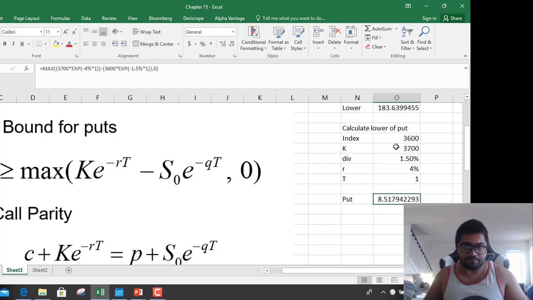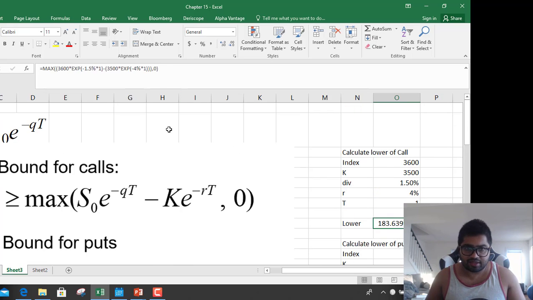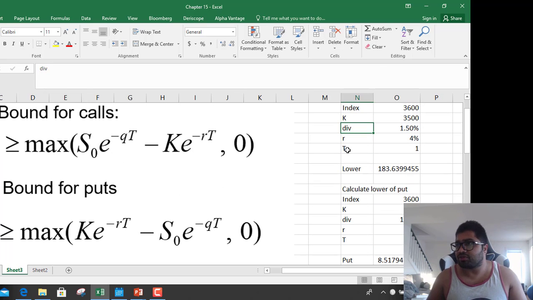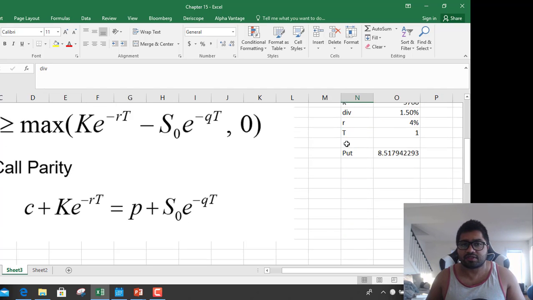So 3700 K exponential minus 4 times 1 minus 3600 times exponential negative to the power 1.5% times 1 comma 0, and this is 3600 exponential minus 3500 exponential. I was just checking if the answers are right. So this is how you do lower bounds and upper bounds for call options.